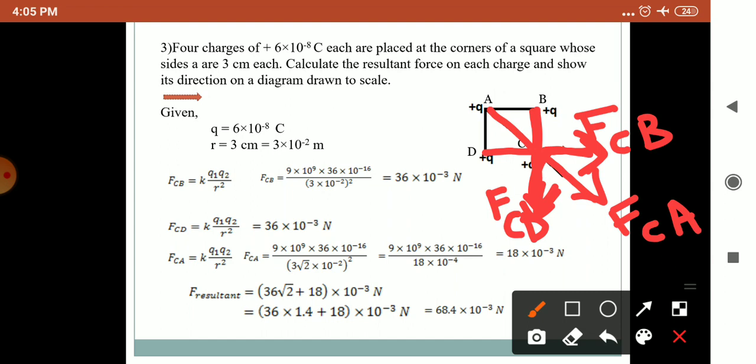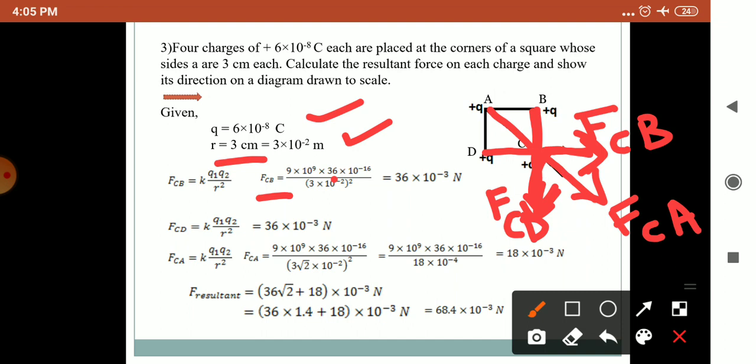Okay, now how to find this? We have the formula from Coulomb's law, K Q1 Q2 upon R square. Now we have these values of charges, all are the same charges and separated by a distance of 3 centimeter. So the first force FCB can be written as 9 into 10 raised to 9 into 36. This 36 is what?